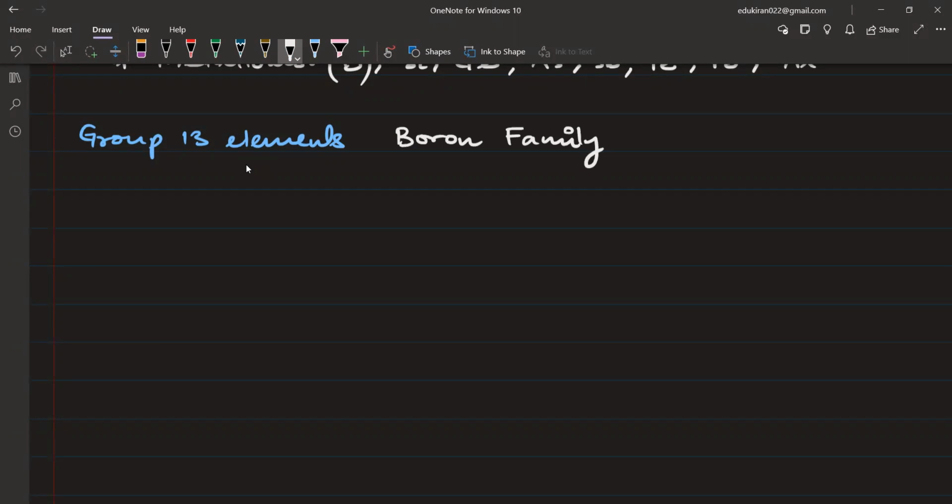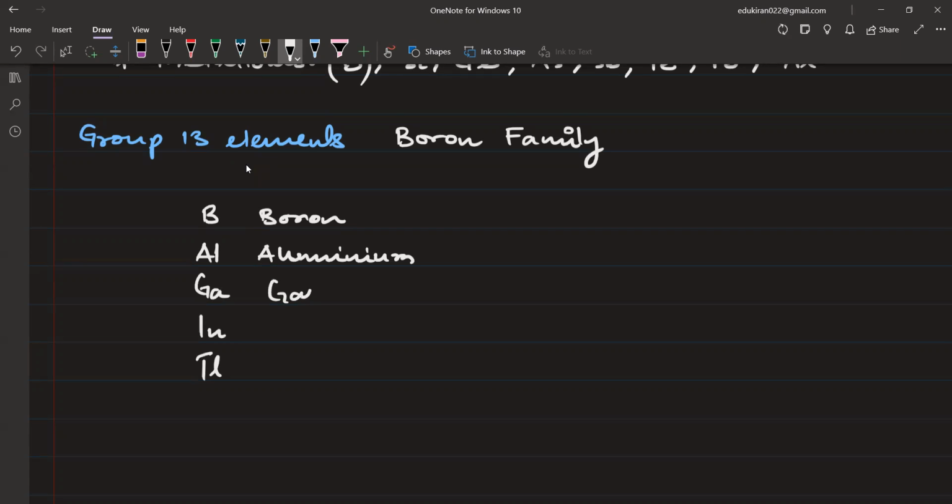And here we have, Baigan, Aloo, Gajar, Imli, Thaila. So this is what? Boron, aluminium, gallium, indium, thallium. So again, this is also starting from the second period.